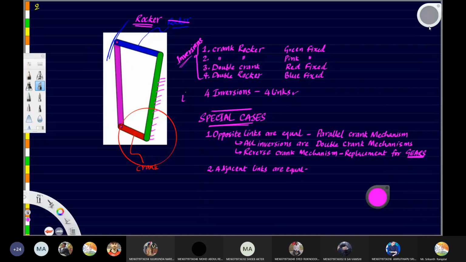The opposite lengths were equal. In the parallel crank, opposite lengths were equal, whereas here adjacent lengths are equal. Fine. So what is this called? It is called a deltoid mechanism.